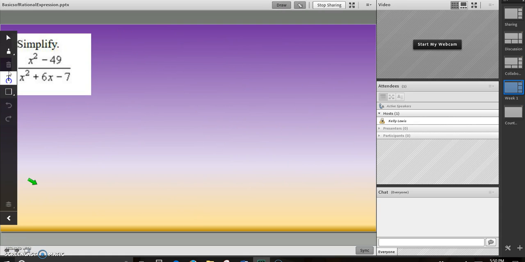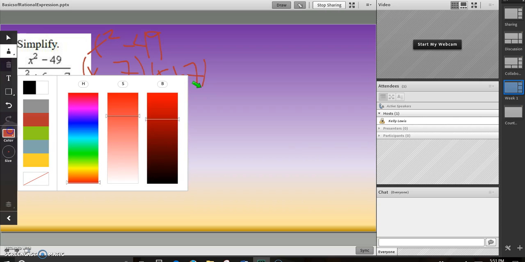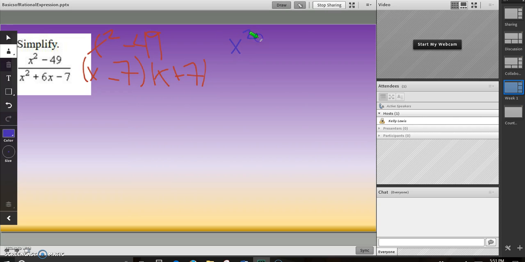All right, let's do this guy. x squared minus 49 factors to x minus 7, x plus 7, and then x squared plus 6x minus 7. We need to figure out what multiplies to give us negative 7 and adds to give us 6.